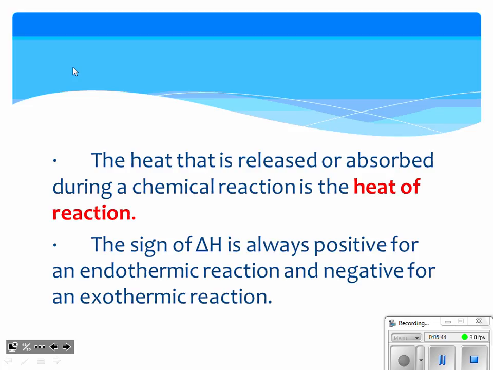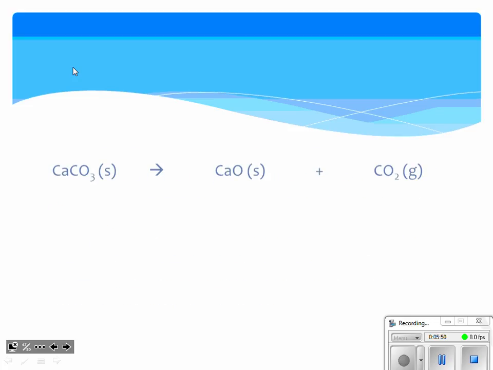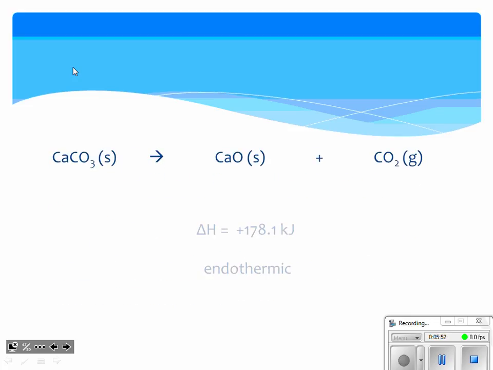These next couple of slides, I think you've seen before. We dealt with this, and we said that in order for calcium carbonate to decompose, we have to have 178 kilojoules of energy.